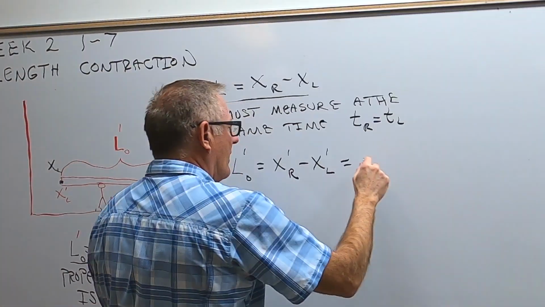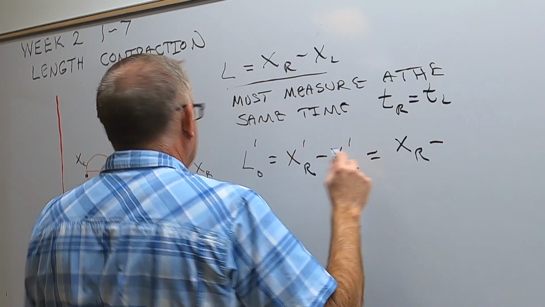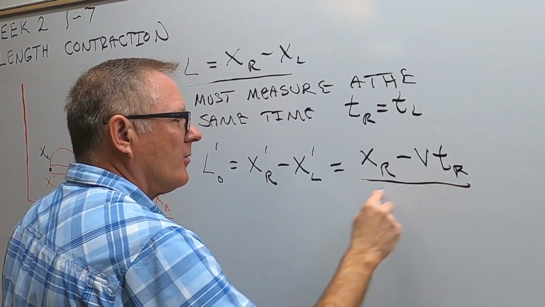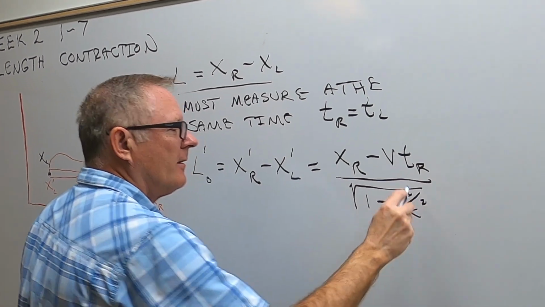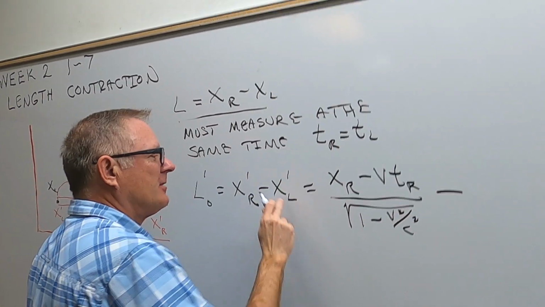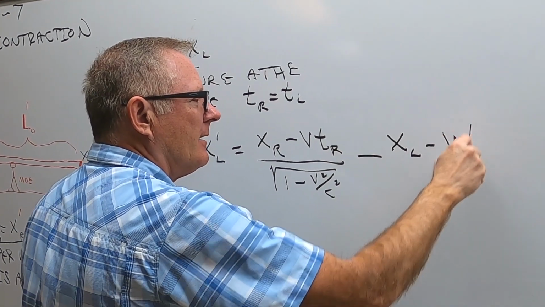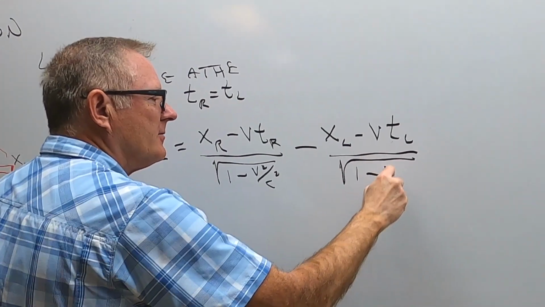So this becomes x sub r minus v t_r, all over the square root of 1 minus v squared over c squared, minus x sub l prime, which is x sub l minus v t_l, all over the square root of 1 minus v squared over c squared.